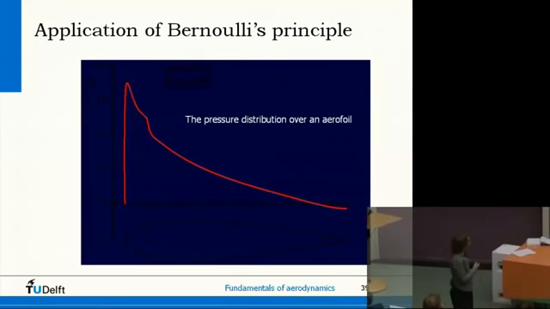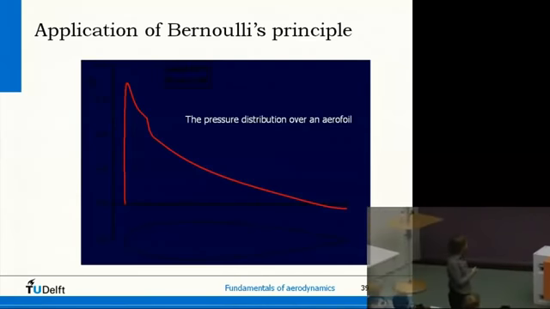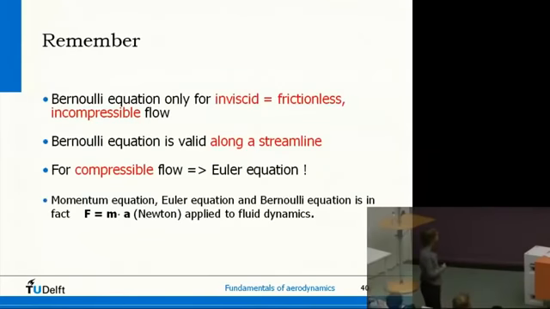Then this is minus Cp, so we made it non-dimensional, but minus the pressure on the top of the airfoil. 0, going down because it's larger in the minus sign, and then the pressure goes up. So what you see if you go along the chord on the top, you see the pressure goes down, flow speeds up, right? Pressure goes down and then goes up again. So you see here the suction peak close to the leading edge, which contributes quite a lot to the lift, but more on that in chapter 5. Well, where we came from, right?